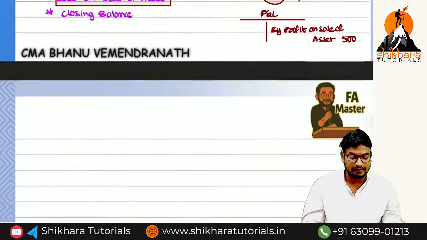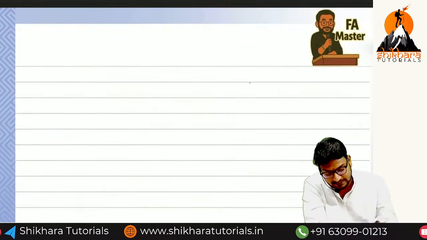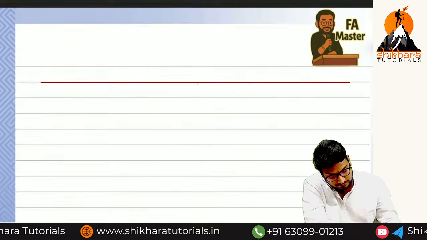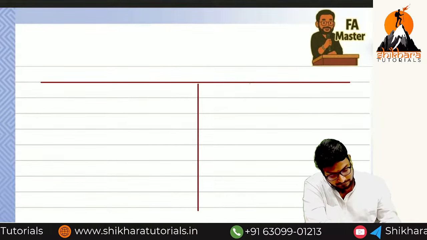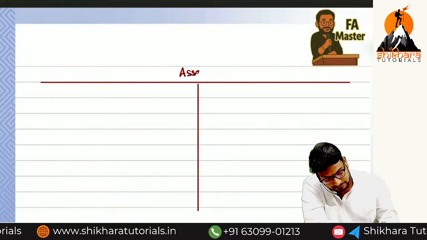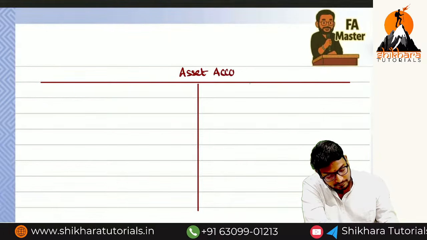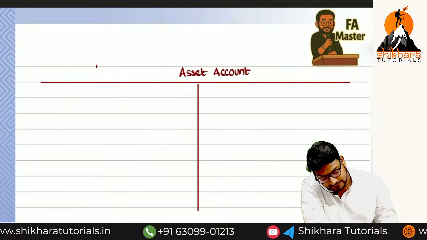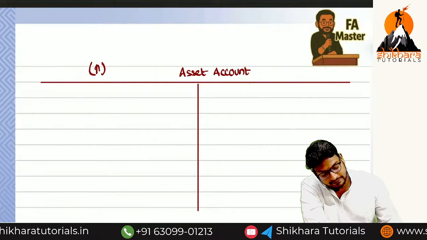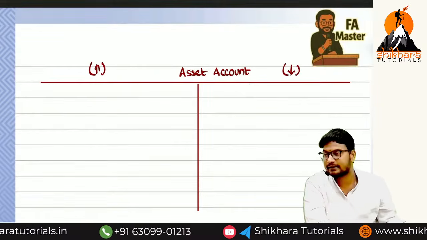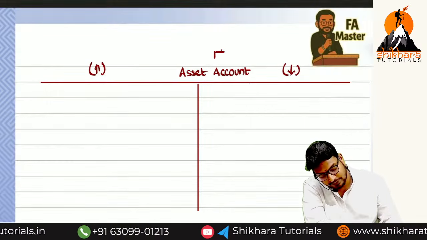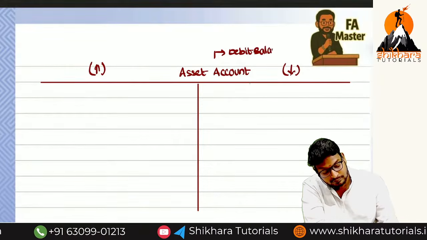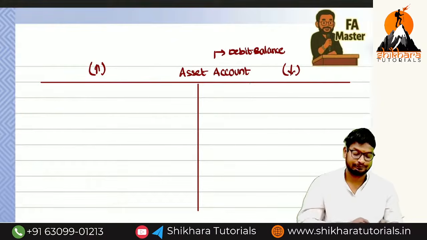So I am going to prepare the asset account directly. Increases means debit side, decreases means credit side, because this account will show a debit balance.